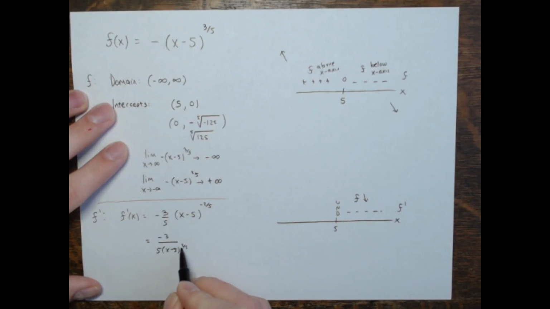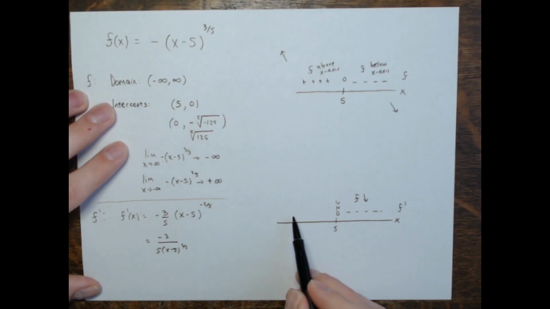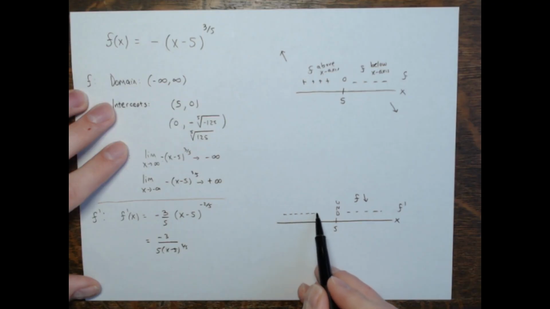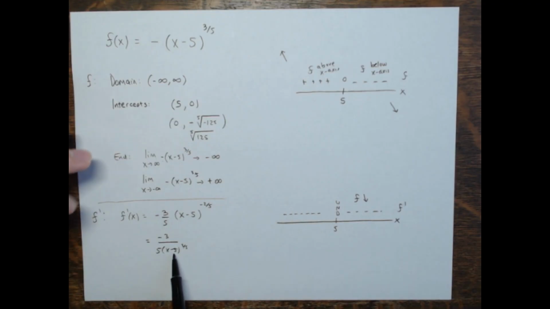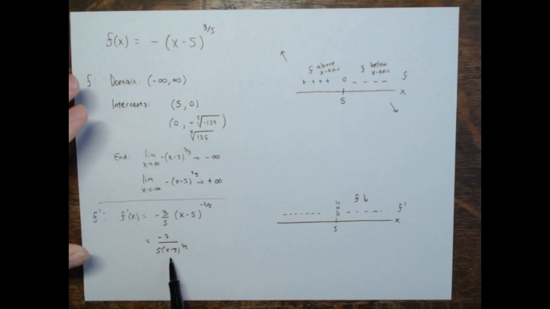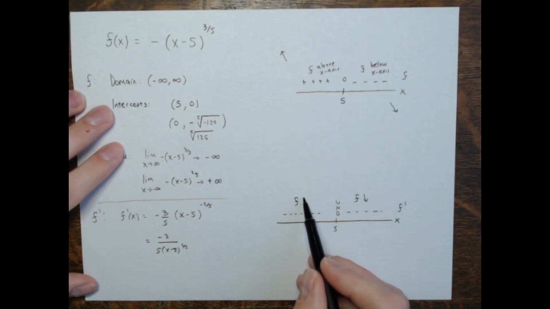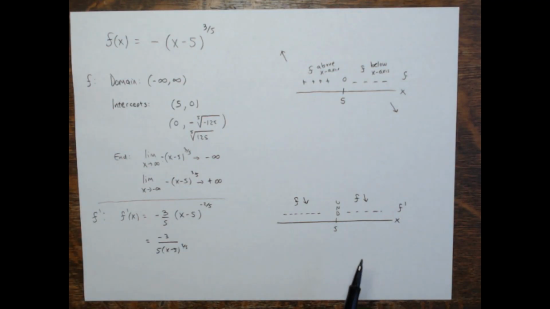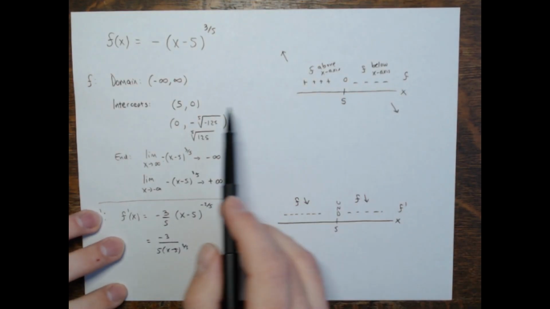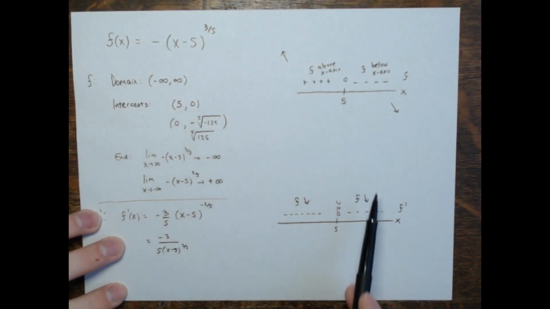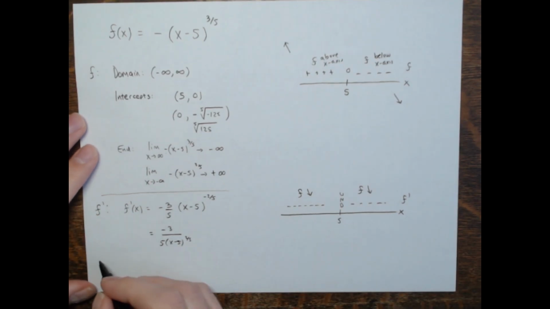So that's going to be a positive denominator no matter what I plug in, except for 5, and then a negative numerator. So I got a negative overall. So no hills or valleys. The function is going to be decreasing. So it's going to be decreasing until you hit the 5, 0, and then decreasing some more.